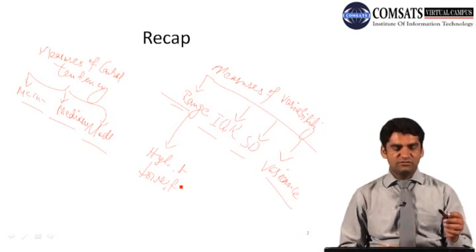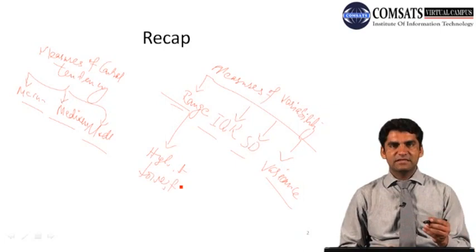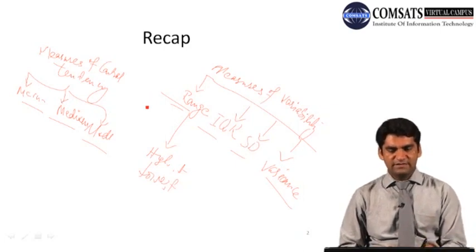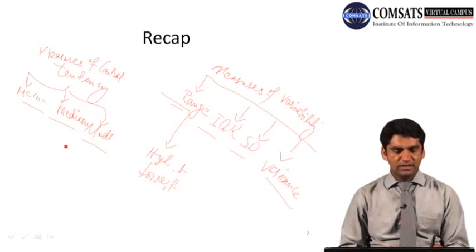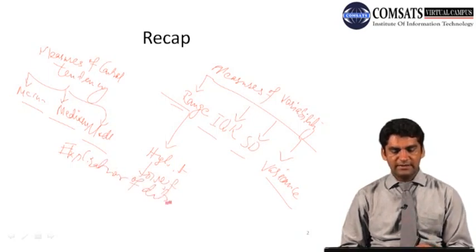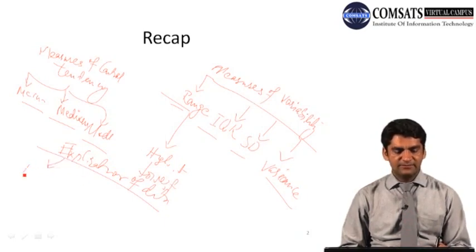And with these two measures of central tendency and measures of variability, we have seen about the exploration of data. Within that, we have seen that data analysis can be exploratory or confirmatory.